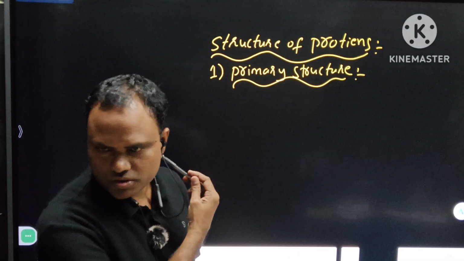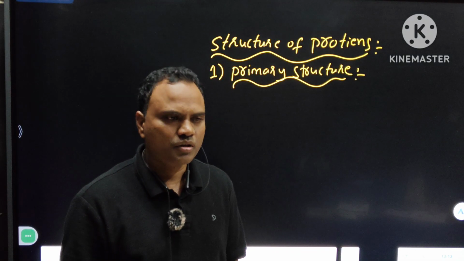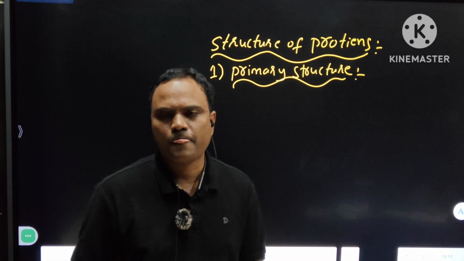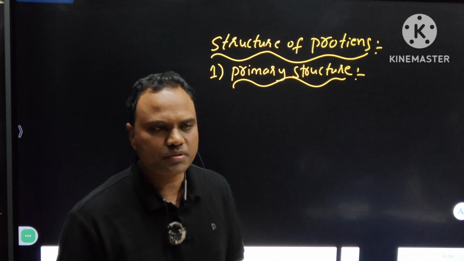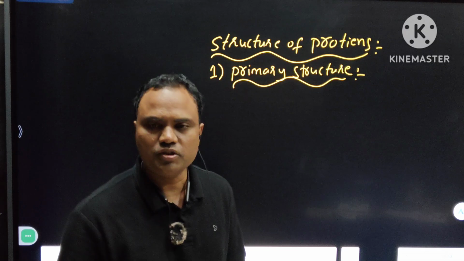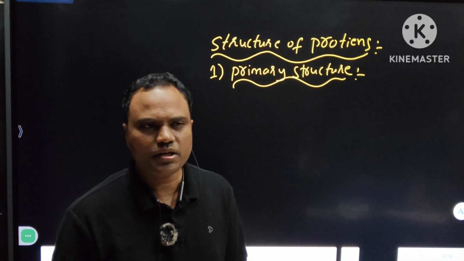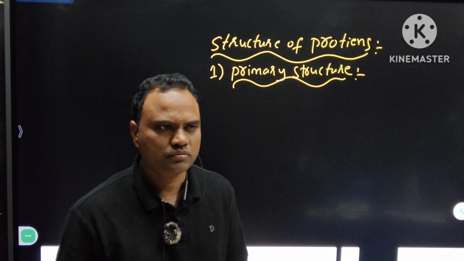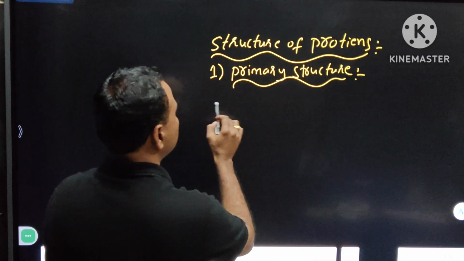What is a primary structure? In primary structure, a specific sequence of amino acids is present with peptide bonds. It is determined by DNA, genetic coding. Right? Note down.